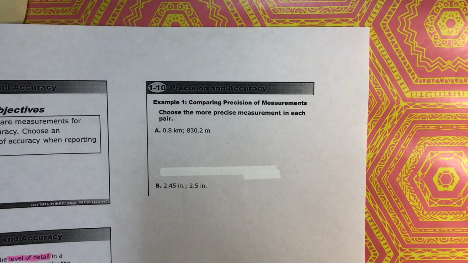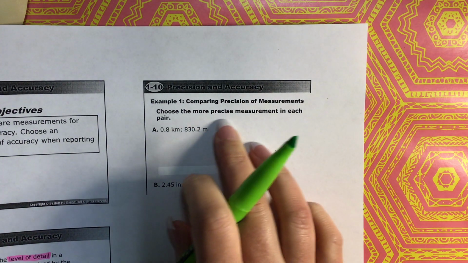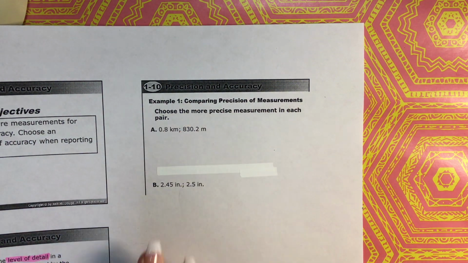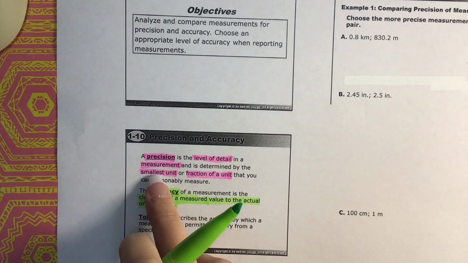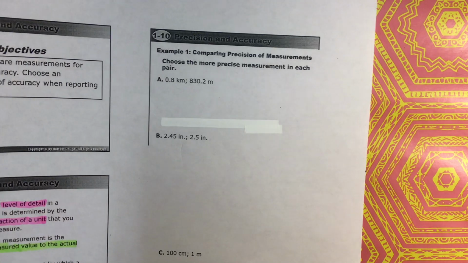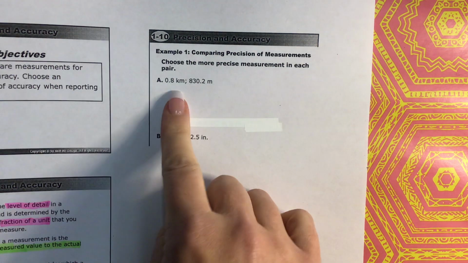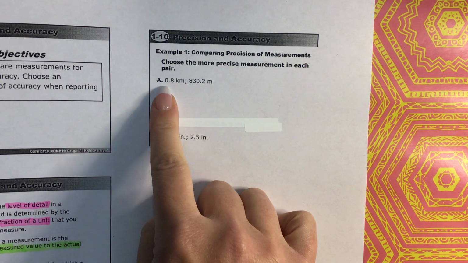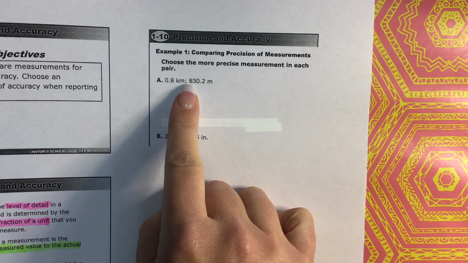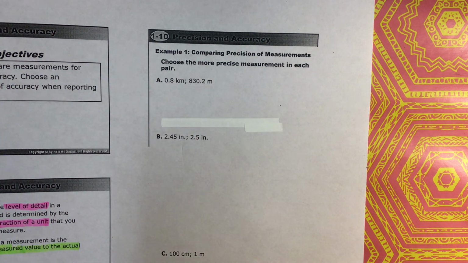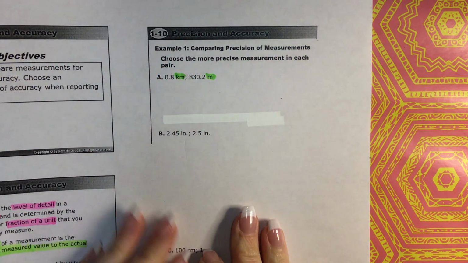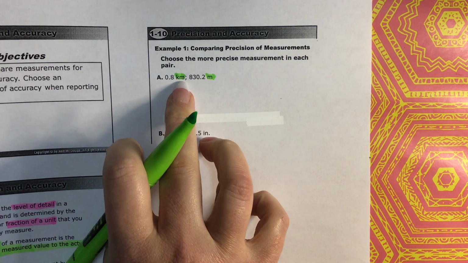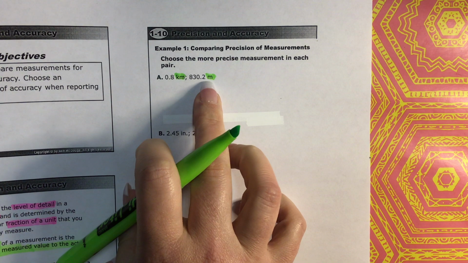So let's look at example 1, comparing precision of measurements. Choose the more precise measurement in each pair. Remember, precision is the level of detail, determined by the smallest unit or fraction of a unit. Which one is more precise: 0.8 kilometers or 830.2 meters? Kilometers are a little bit less than a mile, and meters are a little bit bigger than a yardstick.